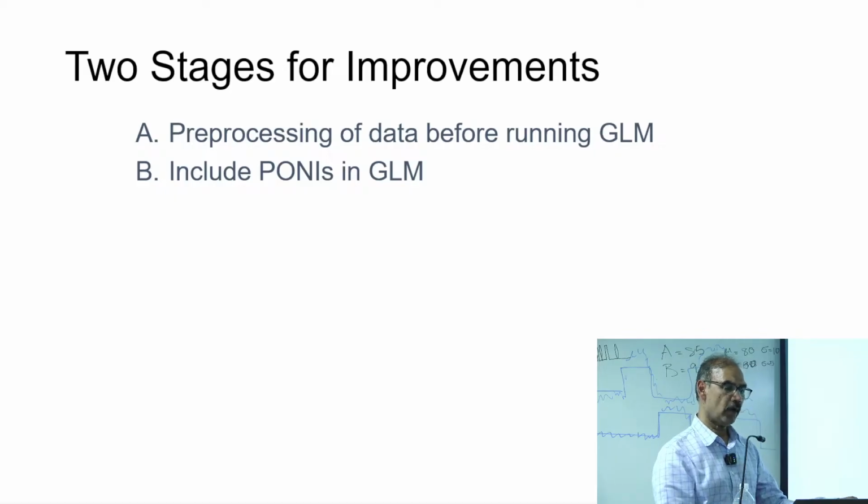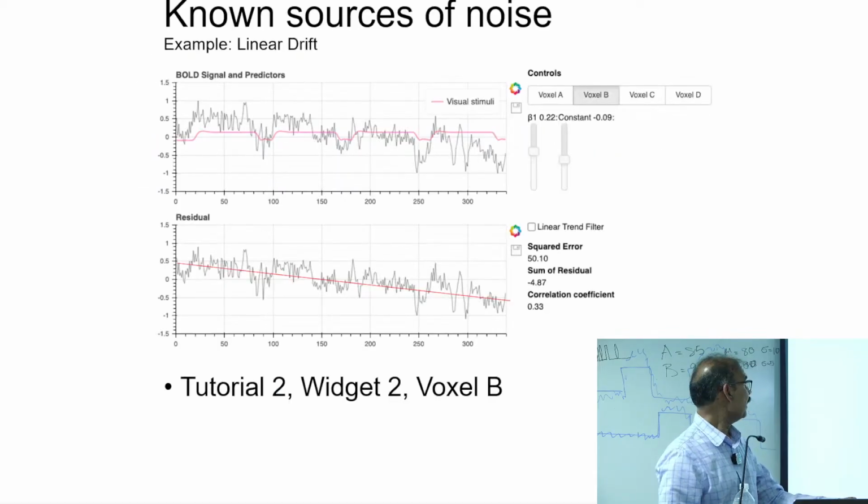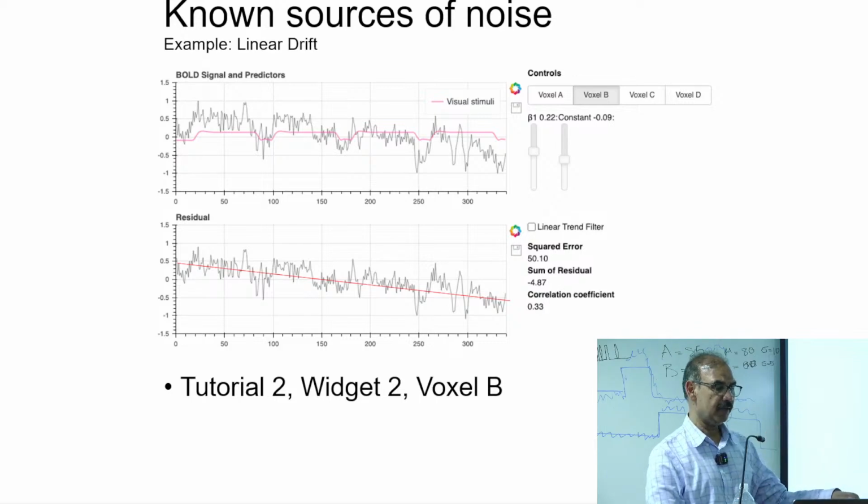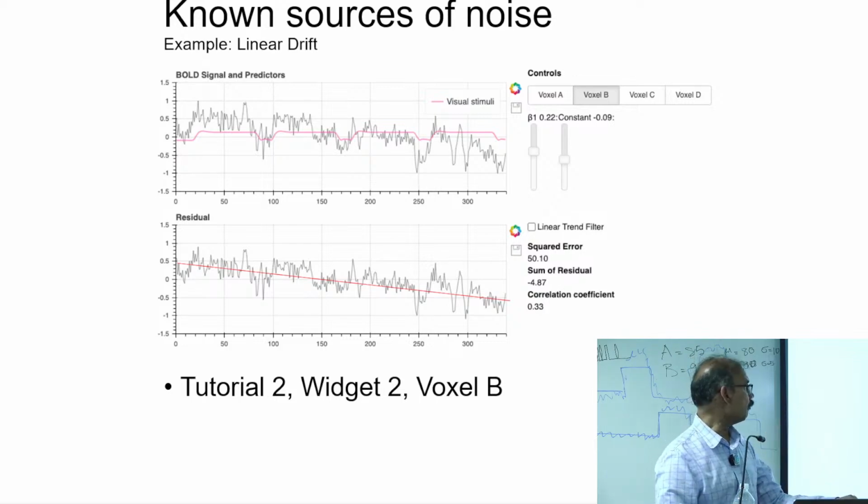Some of the known noise sources is a linear drift, right? You can have a stimulus like this, but if you look at it, there is a trend, right? And one way we can address it is by saying that, okay, there is a linear trend and we are going to remove the linear trend, right? And that is easy to do.